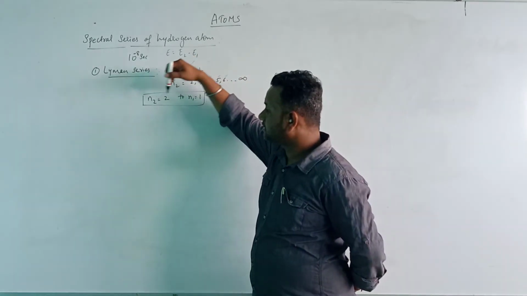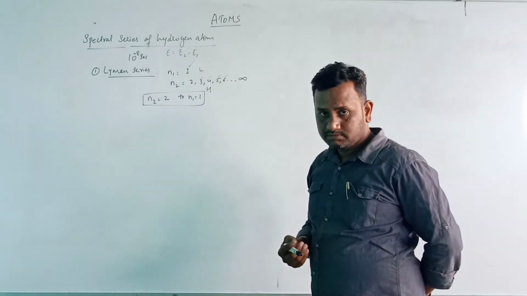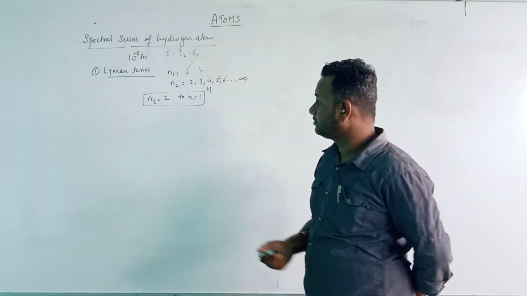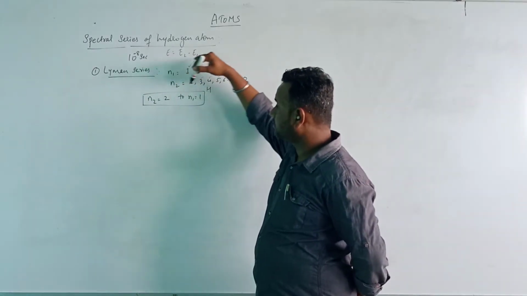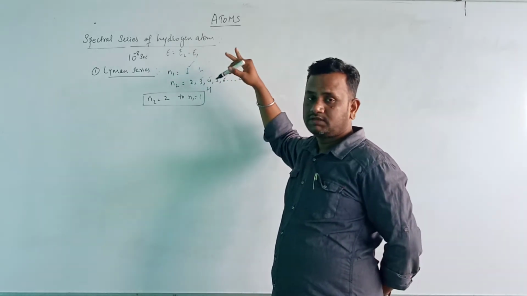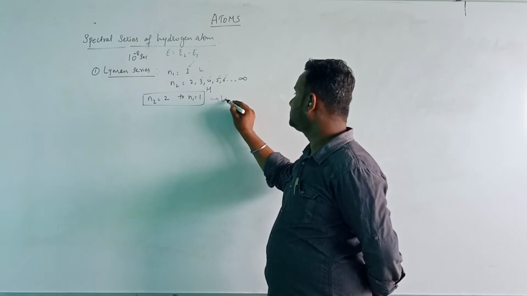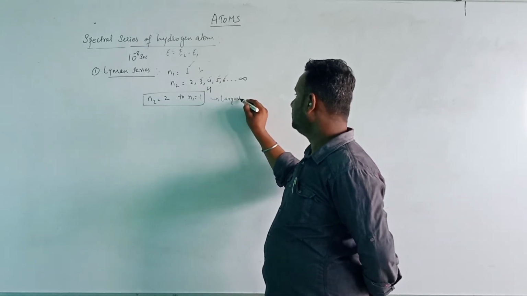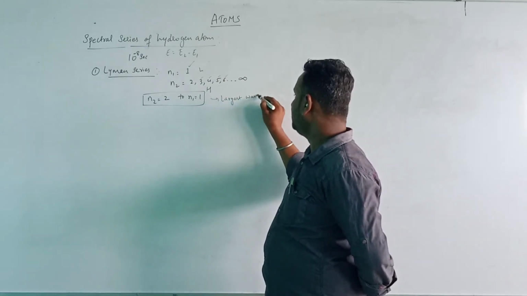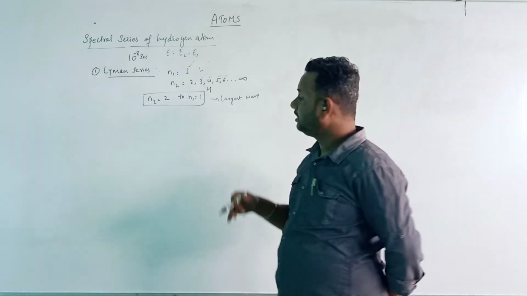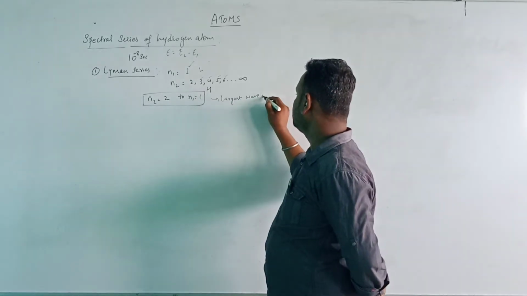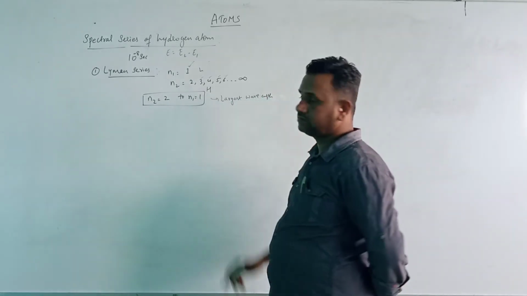So when this electron makes a transition from the second orbit to the first orbit, we can observe the largest wavelength. The emitted radiation has the largest wavelength.